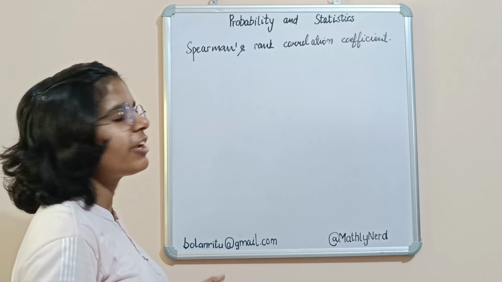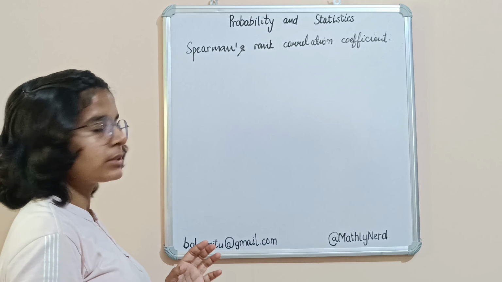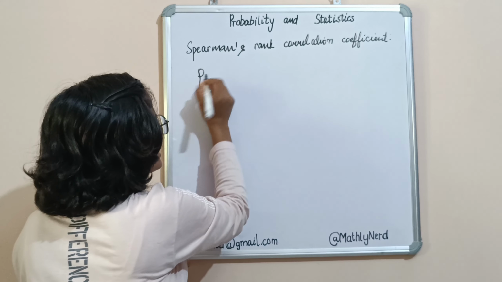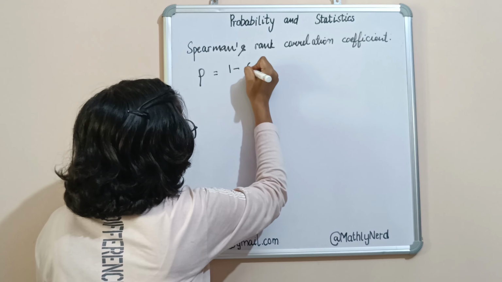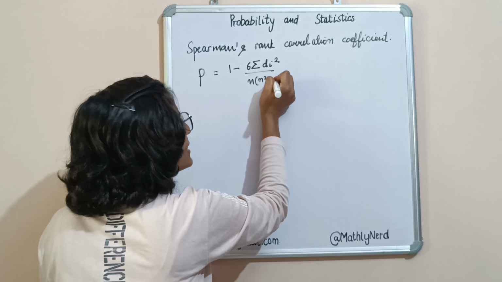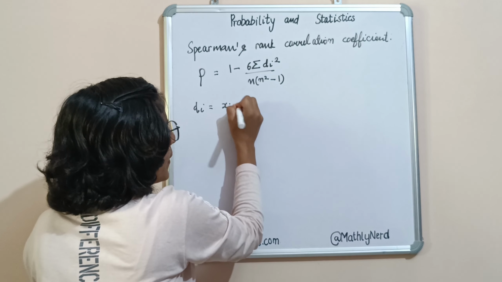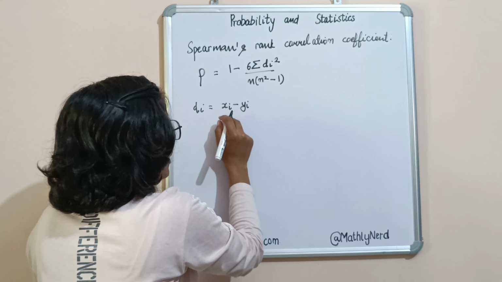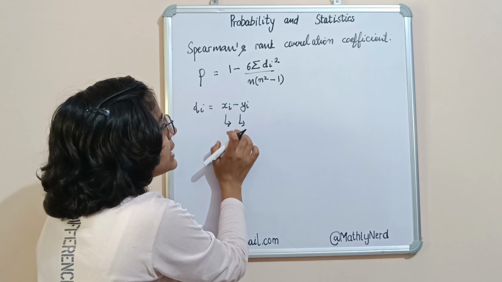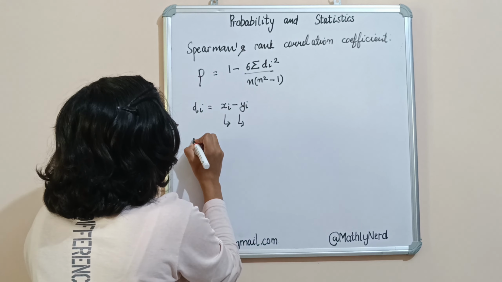It is calculated when we have n individuals arranged in rank by two characteristics A and B, and it is denoted by rho, which equals 1 minus 6 summation di square by n times (n square minus 1), where di equals xi minus yi, where xi and yi are the ranks of the ith individual in characteristics A and B respectively.